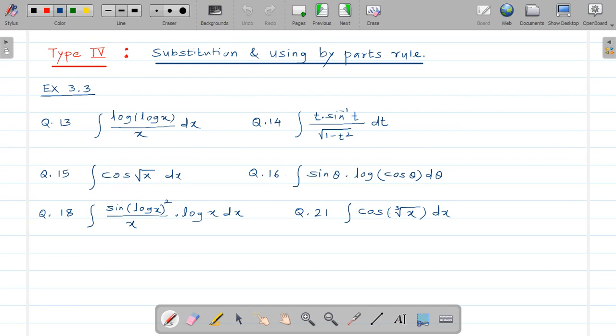From your topic, in exercise number 3.3, questions number 13, 14, 15, 16, 18 and 21 are related to this type number 4. So today we will solve some of them by using substitution and then the by parts rule. So let us see now.